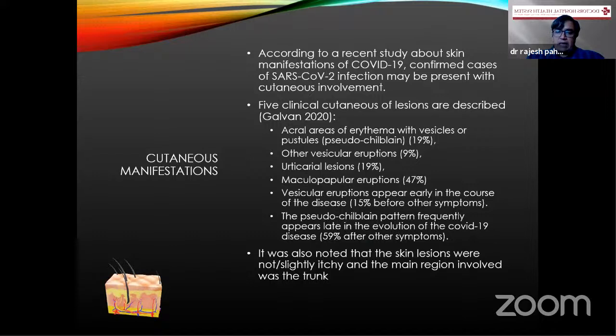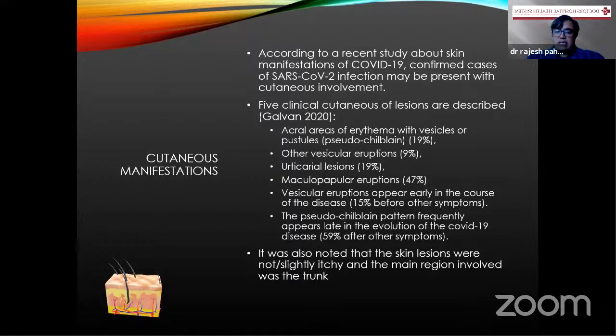That is, acral areas of erythema with vesicles or pustules, called pseudo-chilblain lesions, in 19% of the patients, maculopapular eruptions in 47% of the patients, other vesicular eruptions, and urticarial lesions. Now, the vesicular eruptions are generally observed early in the course of disease, even 15% before other symptoms, whereas the pseudo-chilblain lesion pattern was frequently seen in the late evolution of the disease.